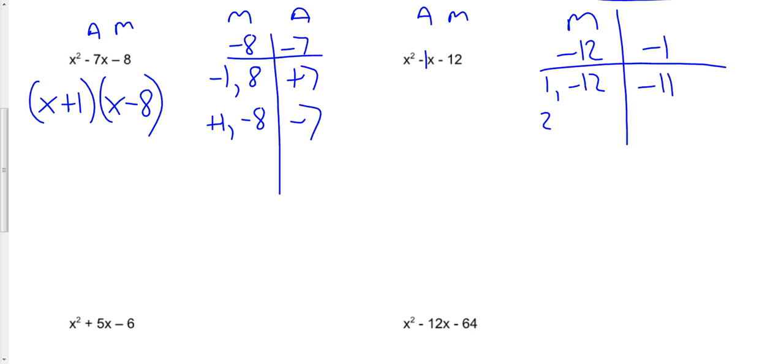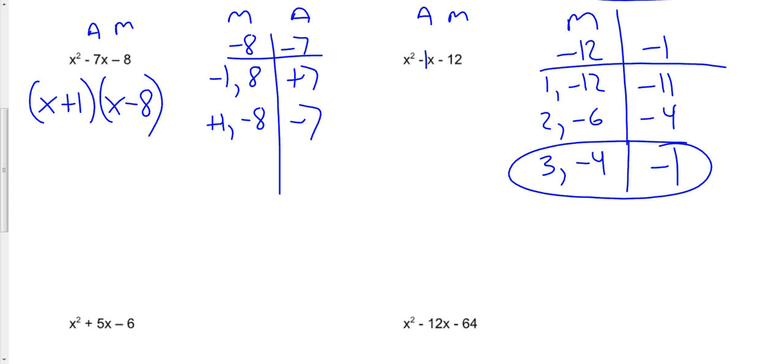That's not going to work. 2, negative 6 is going to add together to give me negative 4, so that's not going to work. 3, negative 4 gives me negative 12, and when I add those two things together, I end up with, hey, look at that, negative 1. So this is the piece that I want. So this tells me that I'm going to use x plus 3, x minus 4.